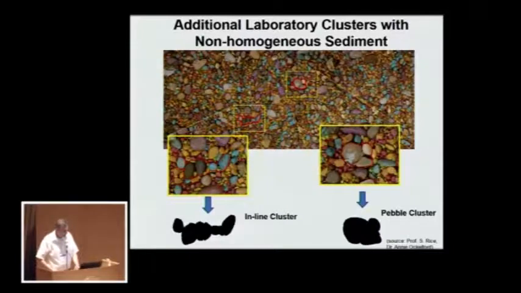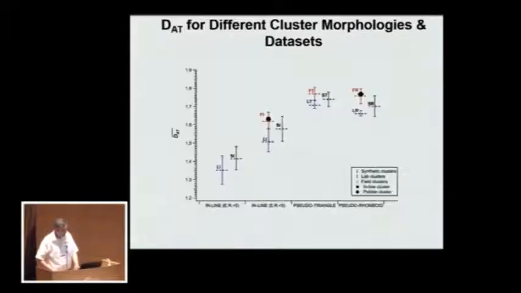So I'm going to skip that, but those are some nice images from Steve Rice and Annie that we analyzed, looking at those patches and really how the fractal dimension changes.